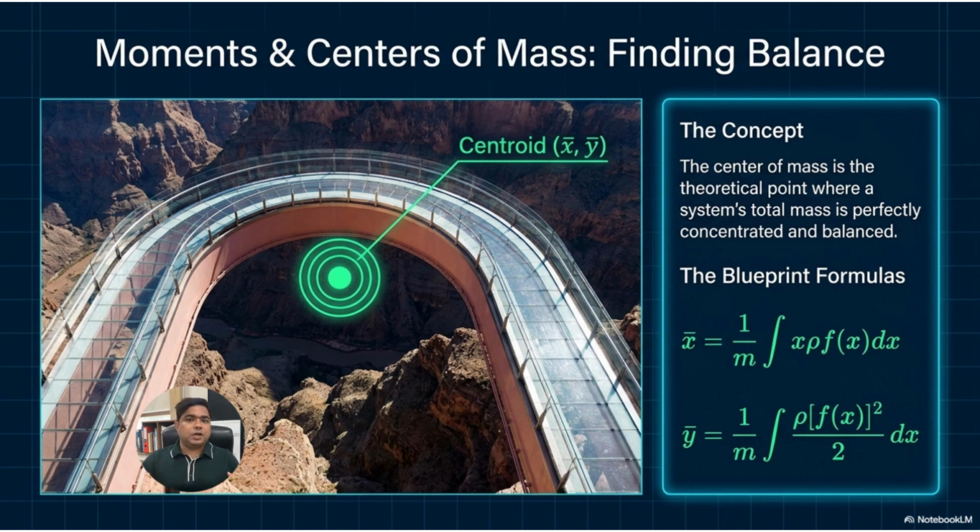A moment measures how strongly mass is distributed around an axis. In engineering, centers of mass are important for balance, stability, and structural safety. In biomechanics, center of mass is also important when analyzing human movement, posture, gait, jumping, or sports performance. So integration helps us locate the balance point of a continuous object.